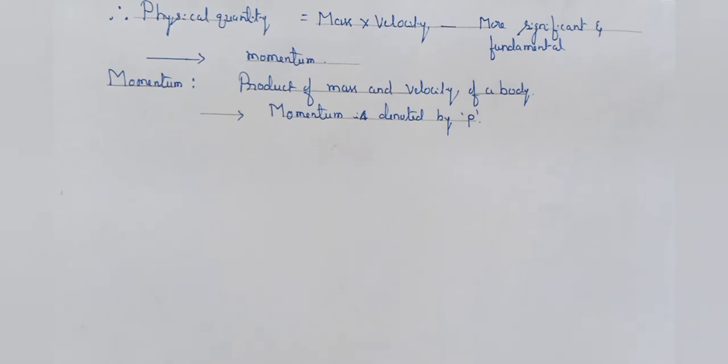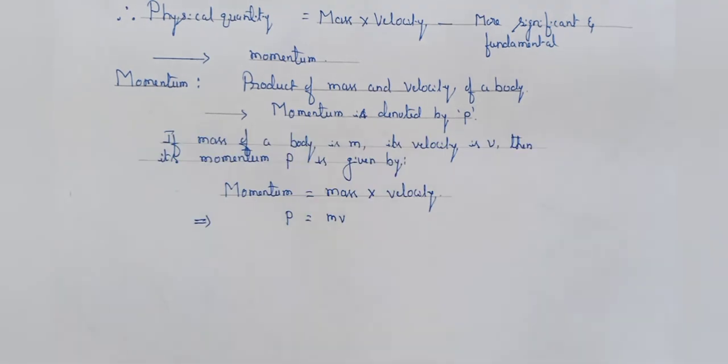If mass of a body is m, its velocity is v, then its momentum p is given by momentum is equal to mass into velocity. Then we can write the momentum as p is equal to m into v. Since velocity is a vector quantity, so momentum is also a vector quantity. Therefore, we can write the momentum in the vector form as p vector equals m into v vector.